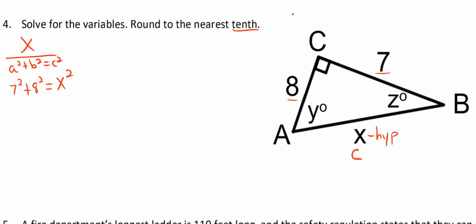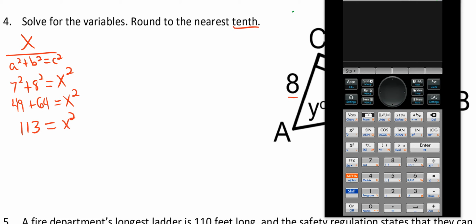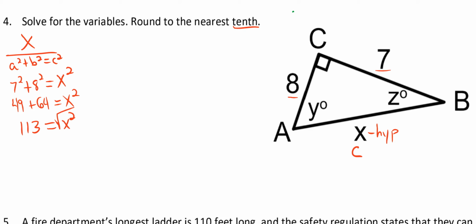So from here, we're just going to simplify this side and solve for x. 7 squared is 49, 8 squared is 64, is equal to x squared. 49 plus 64, I believe that is 113, is equal to x squared. So from here, we just need to solve for x. To do that, we're going to take the square root of both sides to get rid of that square.